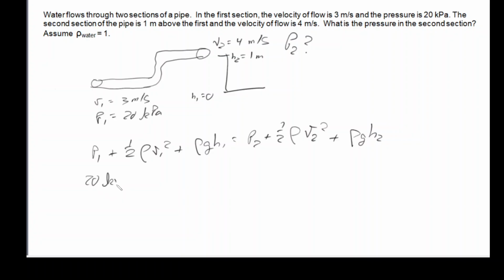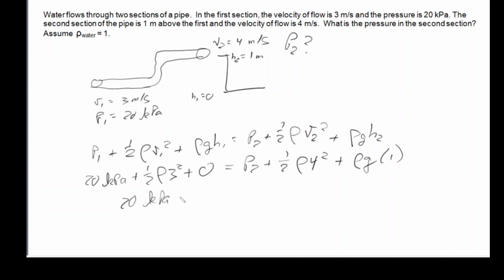P1 we know is 20 kilopascals plus 1/2 rho times 3 squared plus, well, H1 we said is 0, is equal to P2 plus 1/2 rho times 4 squared plus rho G, and H2 we know is 1. So we get 20 kilopascals plus 4.5 rho is equal to P2 plus 8 rho plus rho G.